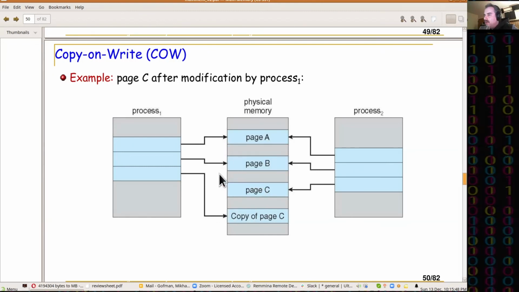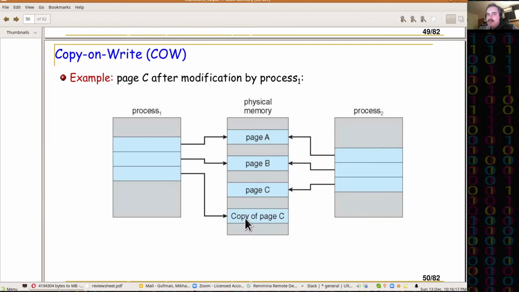So now, after the parent has tried to modify page C, the parent and the child share frames A and B, but they no longer share page C. The reason for this is that A and B are the same for both processes, but C is no longer the same for those processes. So that's why the parent gets its own copy.